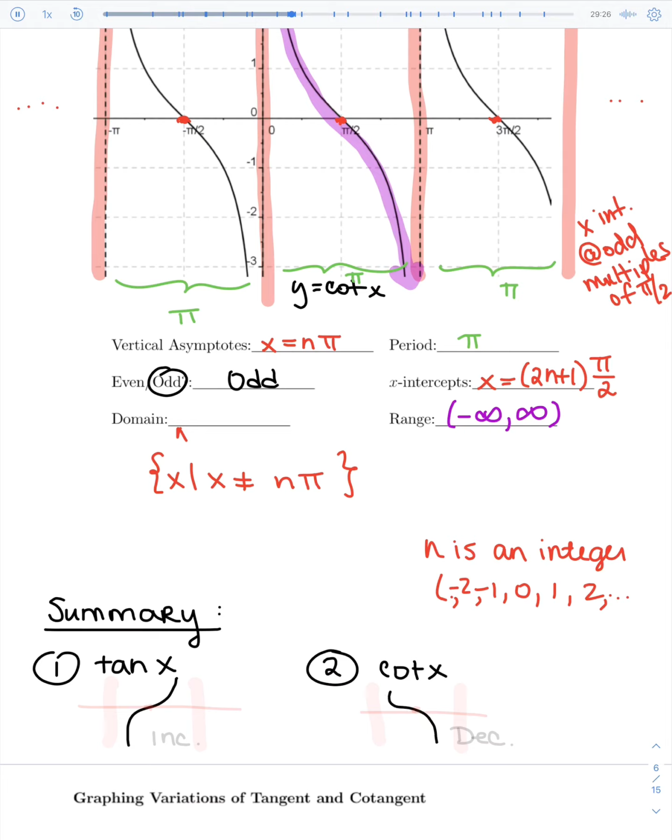It's going down. So it kind of looks like the cube graph, but decreasing. So the tangent graph is always increasing. The cotangent graph is always decreasing. They both have the asymptotes along either side, and they both cross the x-axis in the middle. But that's kind of the shape that you should have a quick picture of in your head so you don't accidentally get the two graphs mixed up.